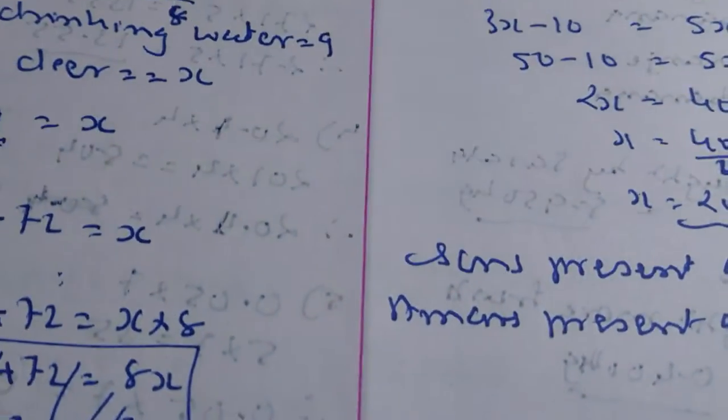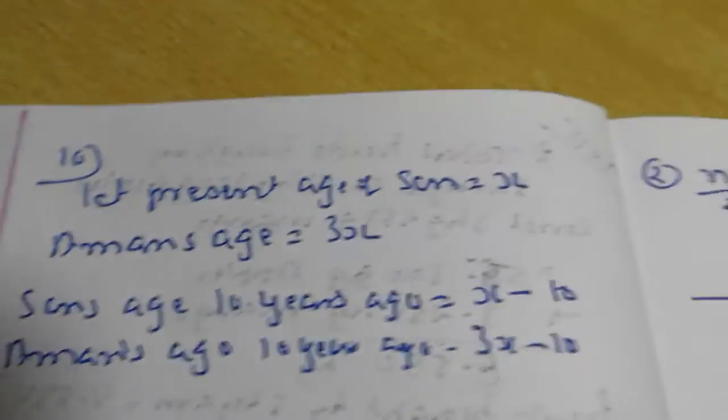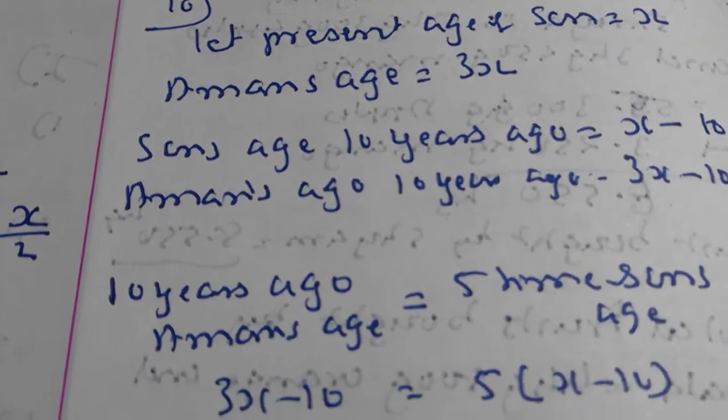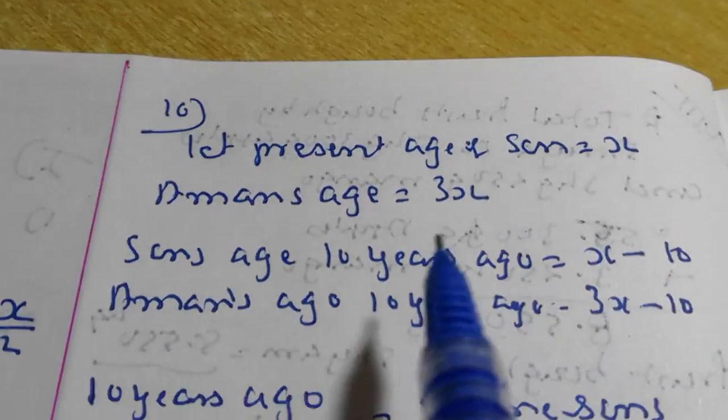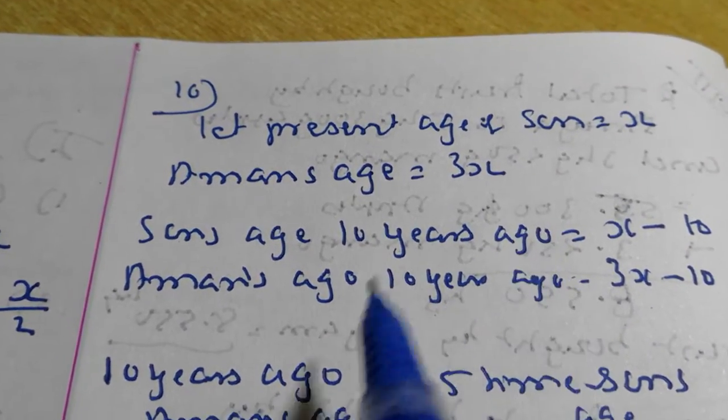Question number 10. Now they have given you Aman's age is 3 times his son's age. So the present age of son is equal to x and Aman's age is equal to 3x.